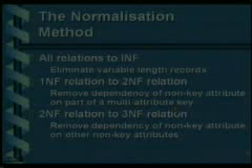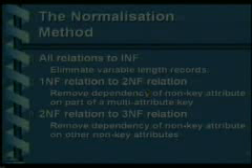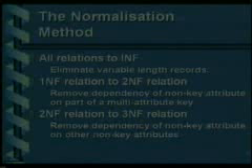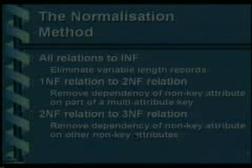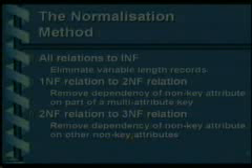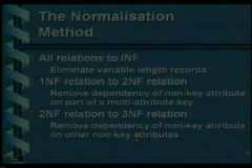This is precisely what we did in the example, and we moved from 1NF to 2NF. 2NF to 3NF, what do we do? Remove dependency of non-key attributes. Non-key attributes are the ones which are not in the yellow box as in the diagram which we have shown. So if there is a dependency among those, we have to remove those. This is the way we move from 2NF to 3NF.